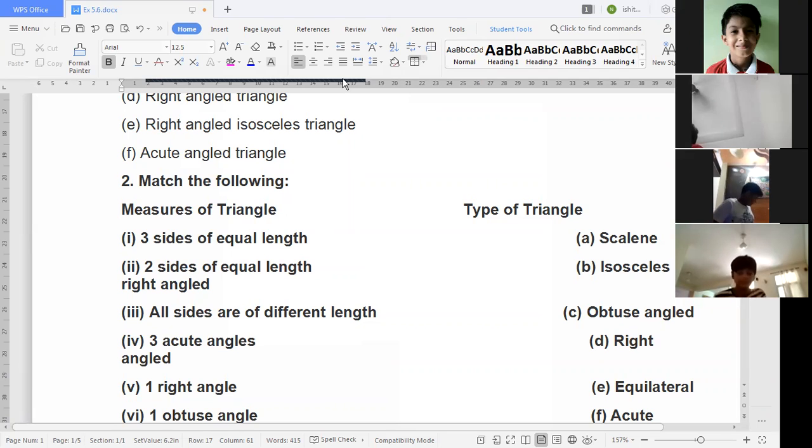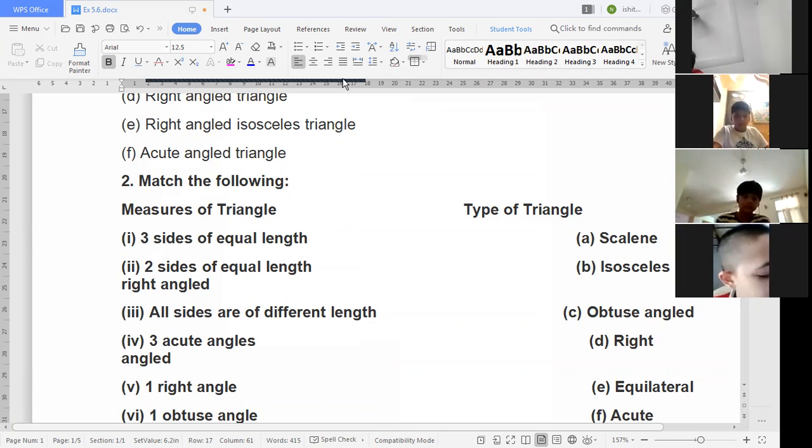Dravyajan, unmute yourself and tell me the answer. Ma'am, third, all sides are of different length. Ma'am, scalene. Very good. Scalene triangle is having all the sides different.